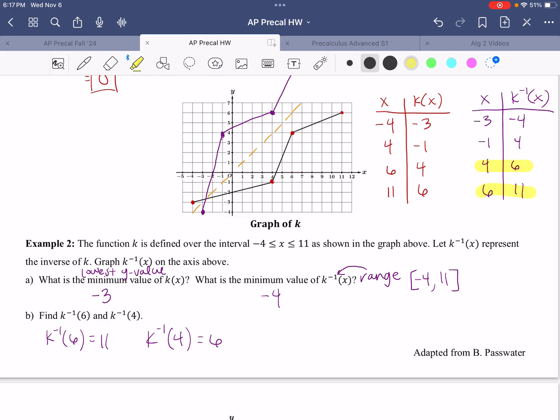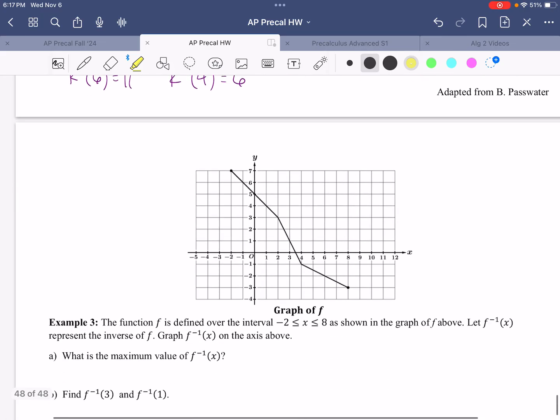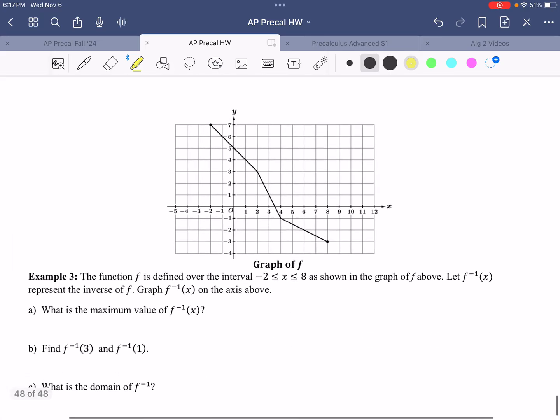Okay, so let's do some more. Example 3, looking similar at first glance, the function f is defined over the interval from -2 to 8, as shown in the graph of f above. Let the inverse of f represent the inverse. Okay, graph the inverse on the axis above. So same thing.